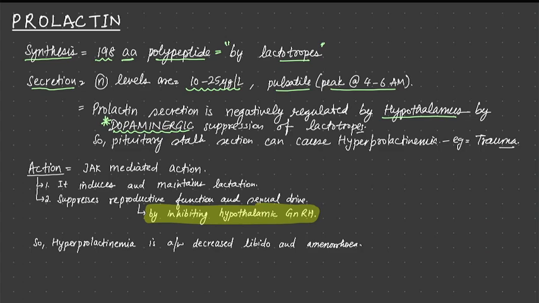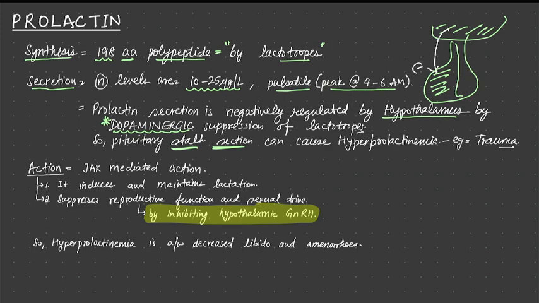So, pituitary stalk section, right? Suppose this is the hypothalamus and this is the pituitary, right? Now the hypothalamus puts a brake over the anterior pituitary.